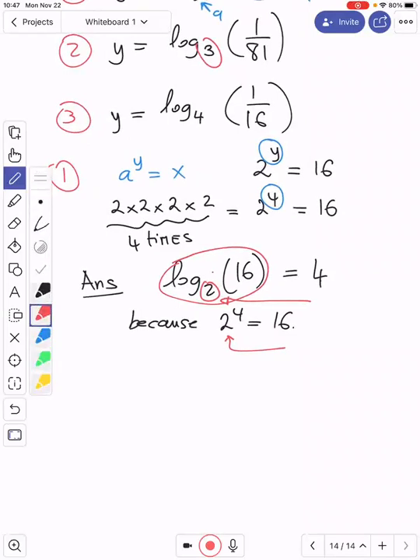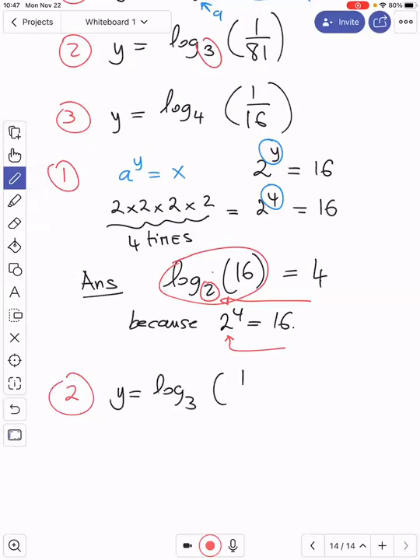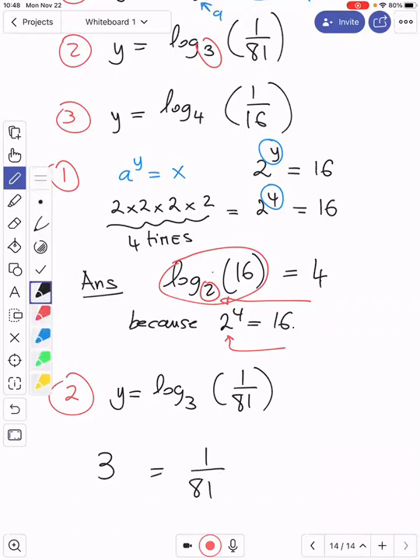Now for number 2, we have Y equals log in base 3 of 1 over 81. The question is, for which power of 3, that's your base, are you going to get 1 over 81? Y is the unknown here.